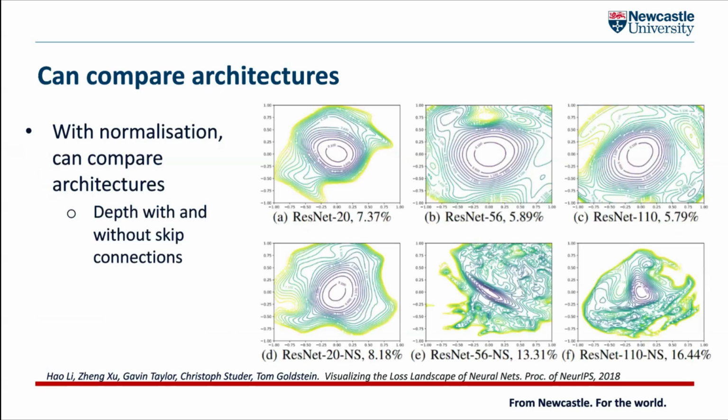So these things actually do show interesting things to machine learning people. The top row and the bottom row: the top row is a loss landscape of ResNet with skip connections, and the bottom ones without. And as you can see, with skip connections it's much smoother.